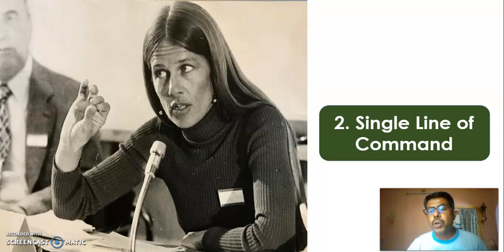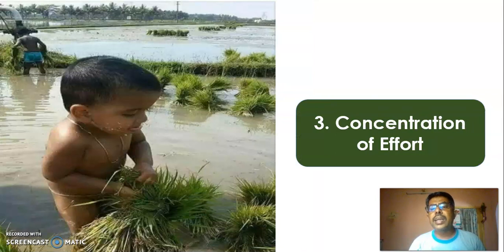So the training and visit system wanted to establish a separate single line of command exclusively for agriculture alone. That is the single line of command. It improved the clarity of instruction to the field level workers. And the concentration of effort is most important, because when we are doing more than one work at the same time, we lose concentration on the second or third work.